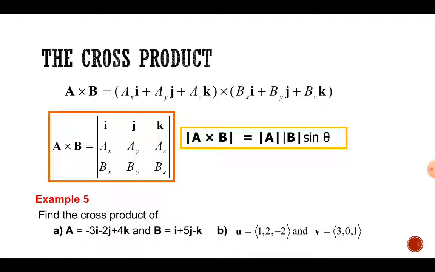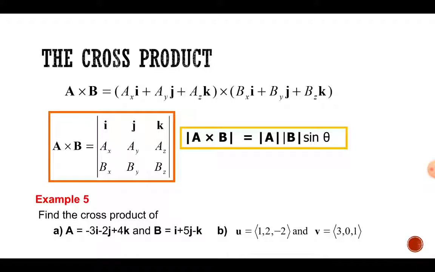To get the cross product, we put it in macam ni. We find the determinant macam dalam chapter 1 matrices, okay, and this is equals to magnitude A darab magnitude B darab dengan sin theta.